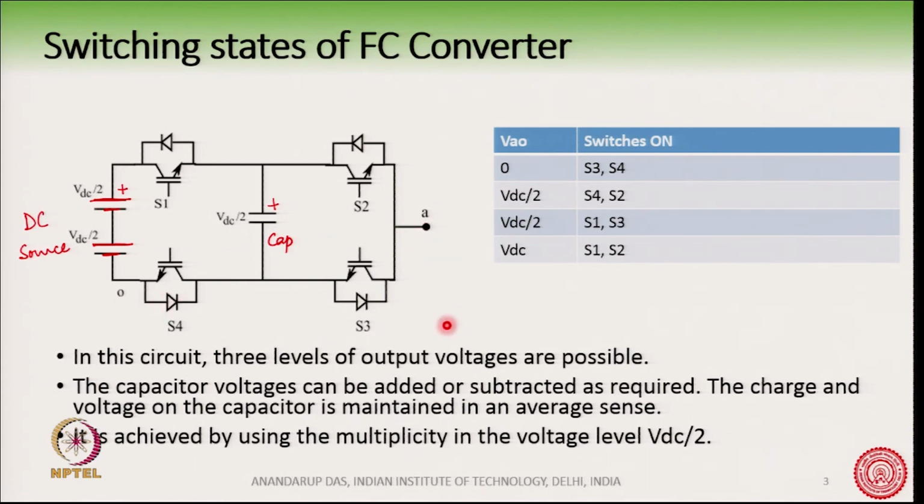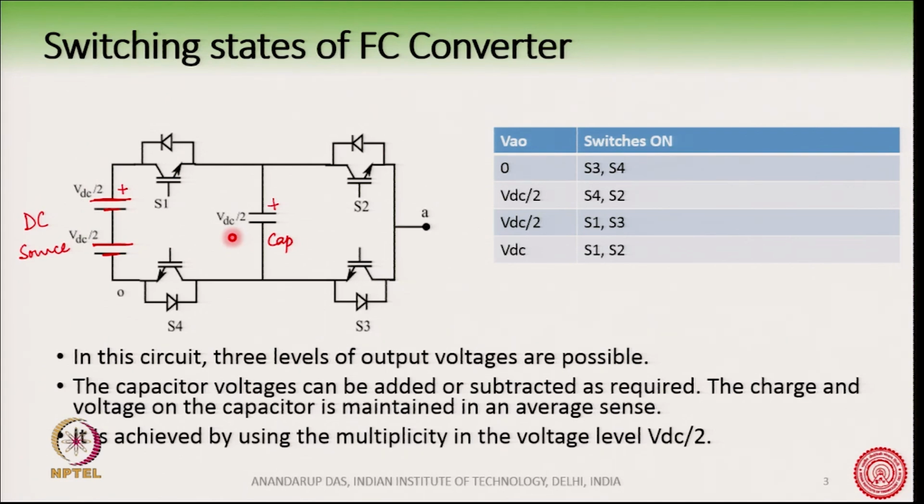Of course, the last option is to turn on S1 and S2 and then we get VDC voltage here. So, you can see that this capacitor is sometimes getting bypassed and sometimes connected in series to the DC source.